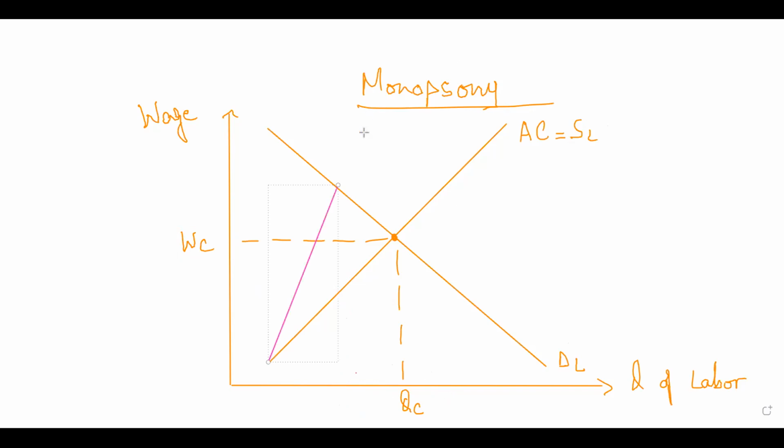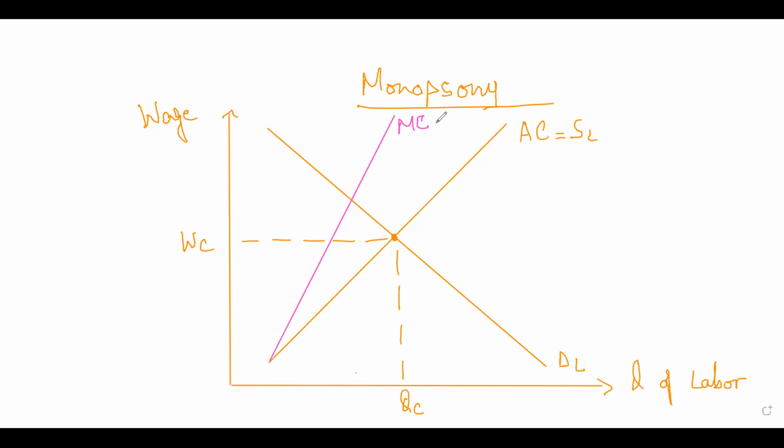Now, in the case of monopsony, there will be a marginal cost of labor, right? Now, what's marginal cost? Marginal cost is basically the additional cost that you need to hire each unit of labor. What's the marginal cost of labor? The additional cost that you need to hire each unit of labor.